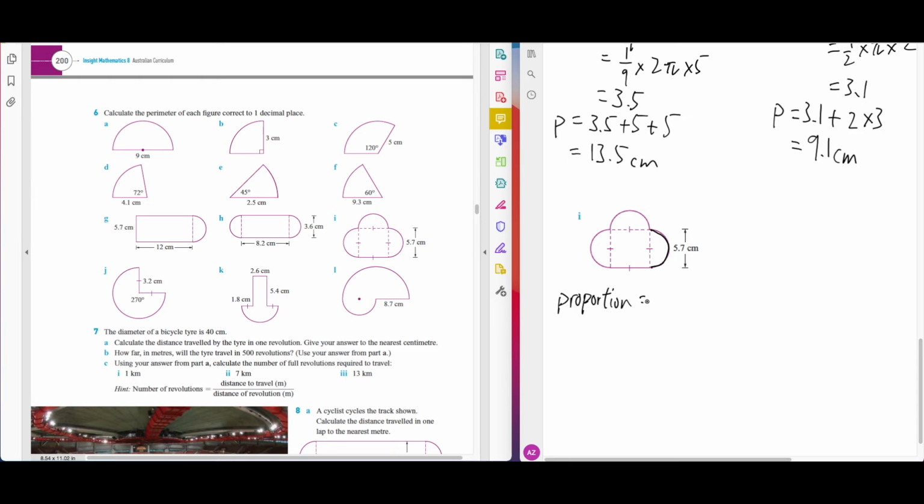So we can just say proportion is equal to a half. So then to work out the length, we just do length is equal to half times pi times d, right? Because we know that the diameter is 5.7. We don't need to use the radius, which equals half times pi times 5.7.